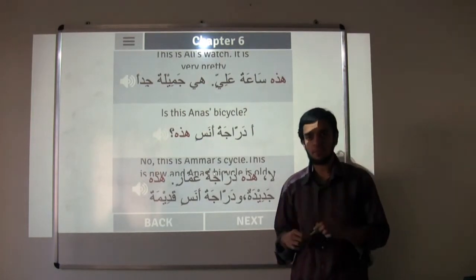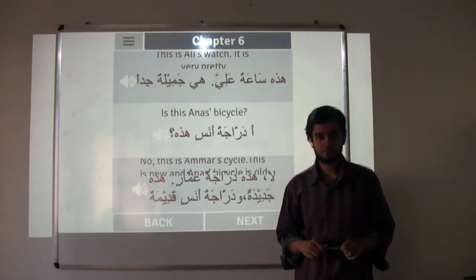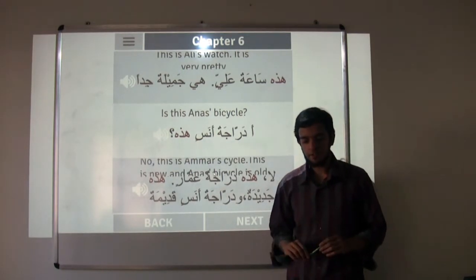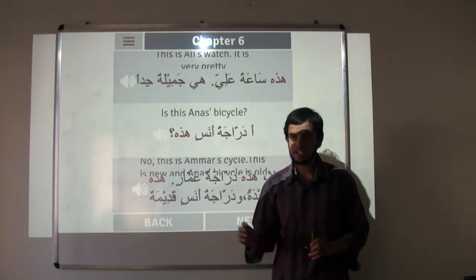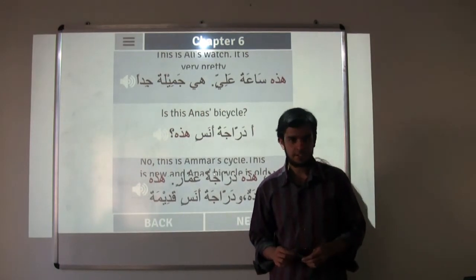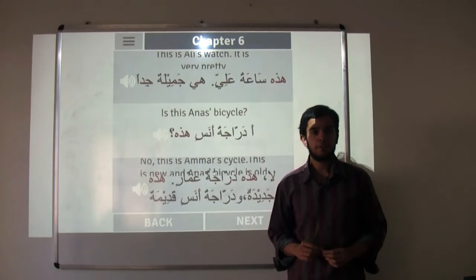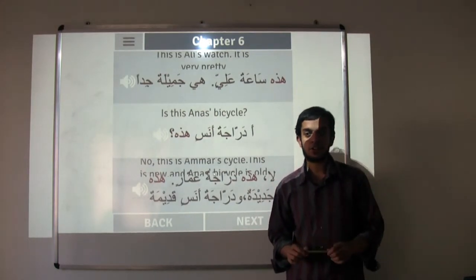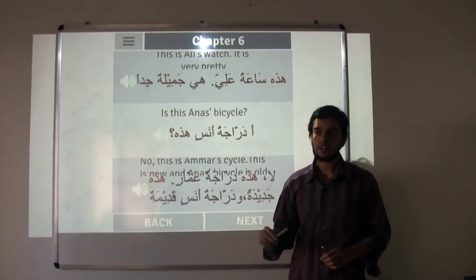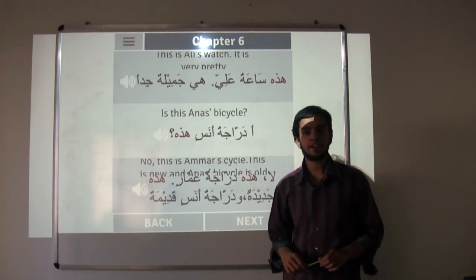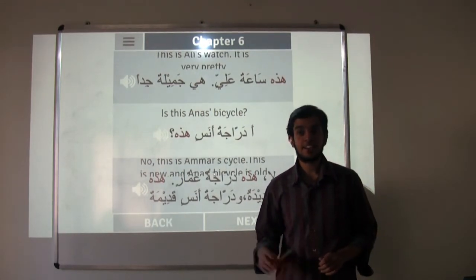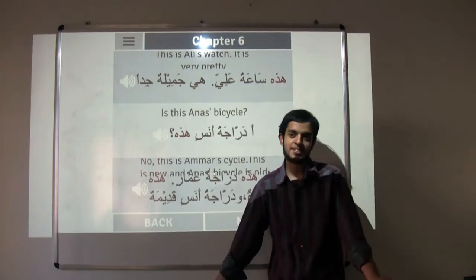Just as an example from very colloquial Urdu, we say auto aya, and we say car aayi. So when we look at a new auto, we say ye auto naya hai. And if we look at a new car, what do we say? Ye car nayi hai. Simple as that.